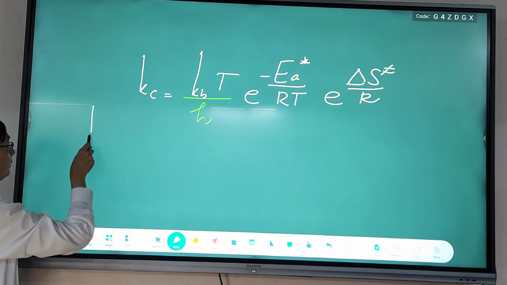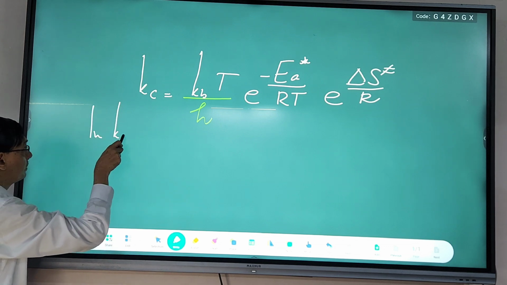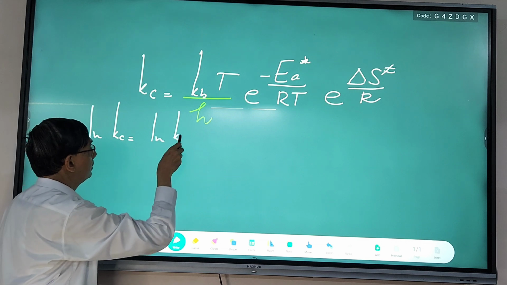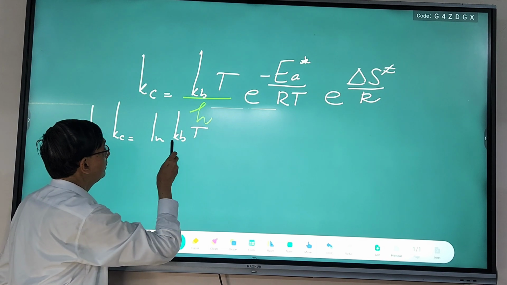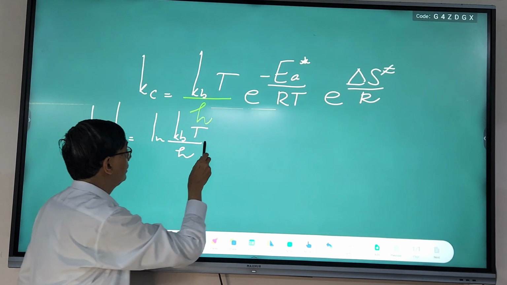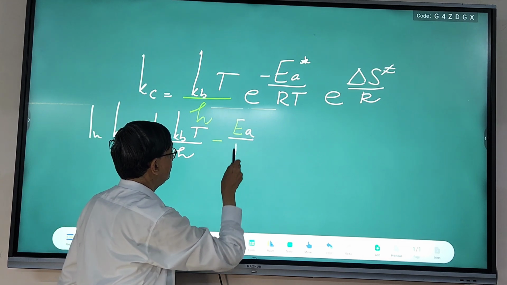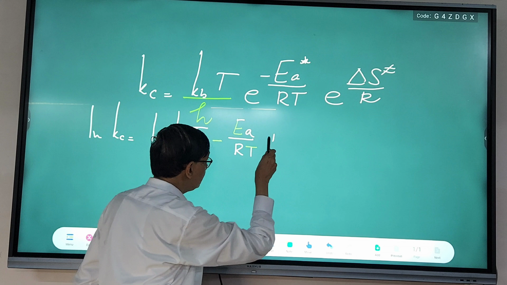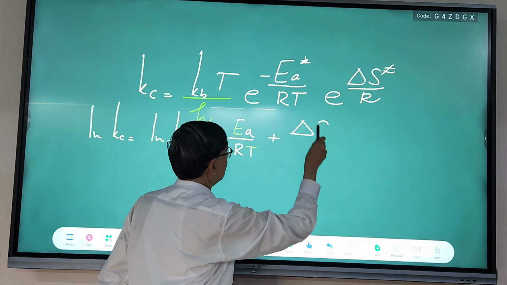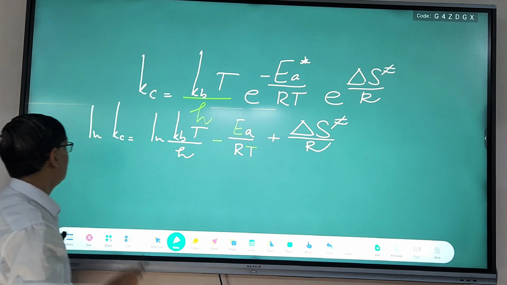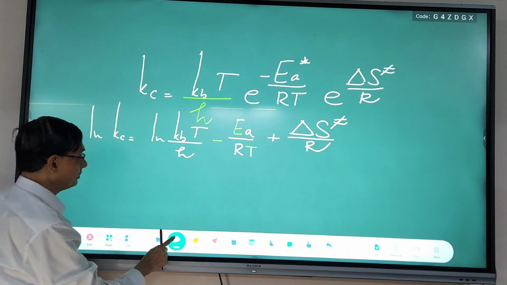Taking natural logarithm, natural log K_B T by h minus EA by RT plus delta S by R. Or what I can write?